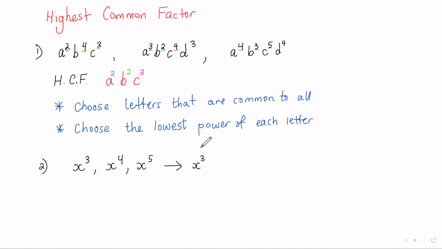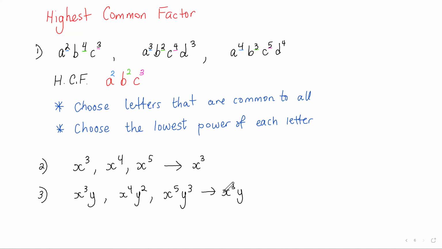All right? If I had, let's say, x to the power of 3 y, x to the power of 4 y squared, and then x to the power of 5 y cubed, the highest common factor here would be x to the power of 3 y.